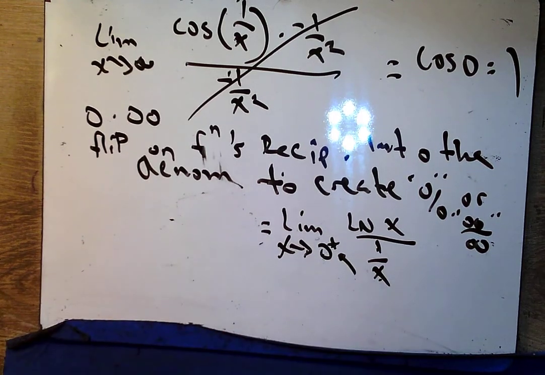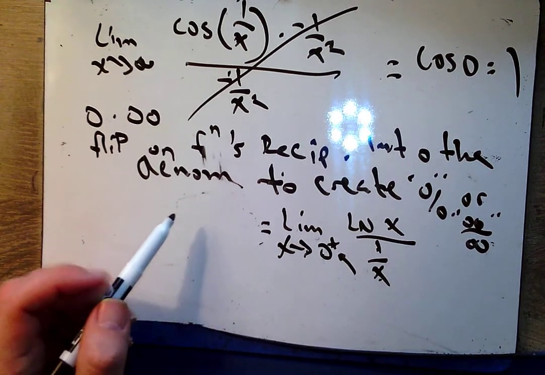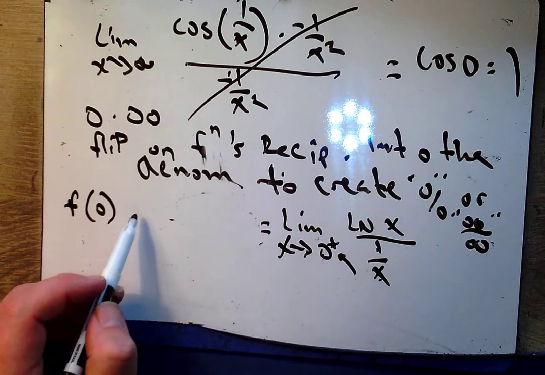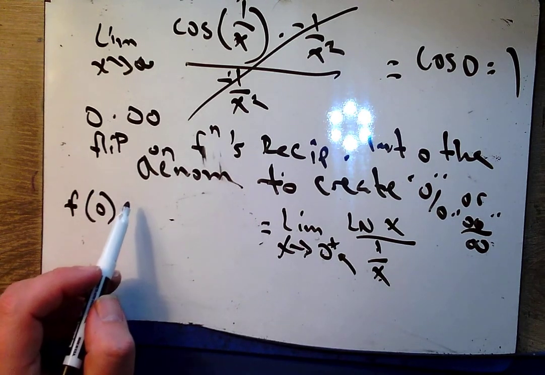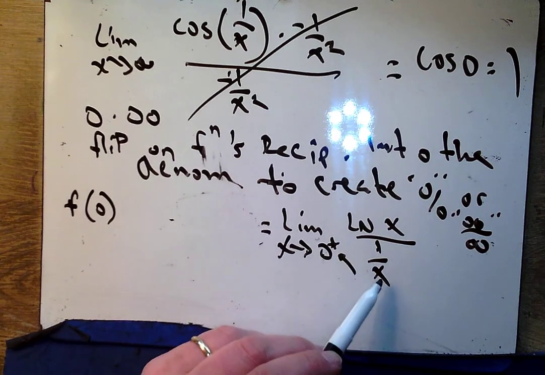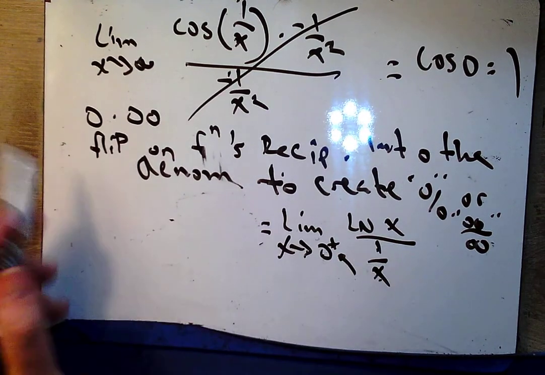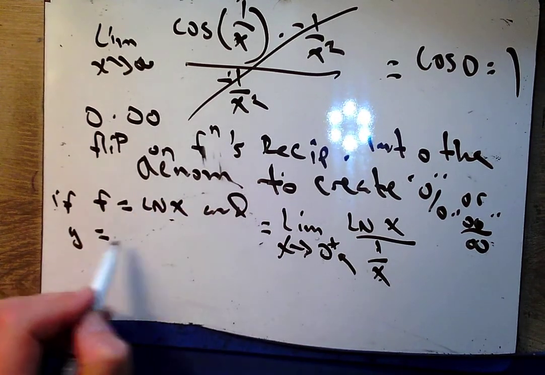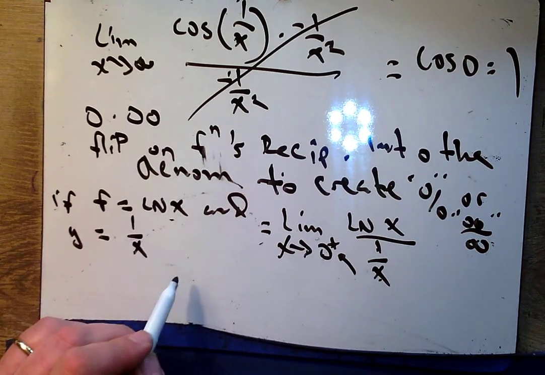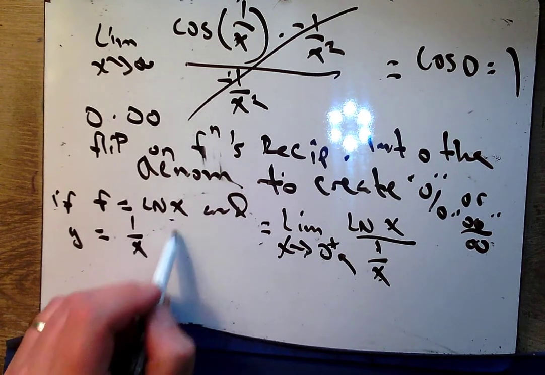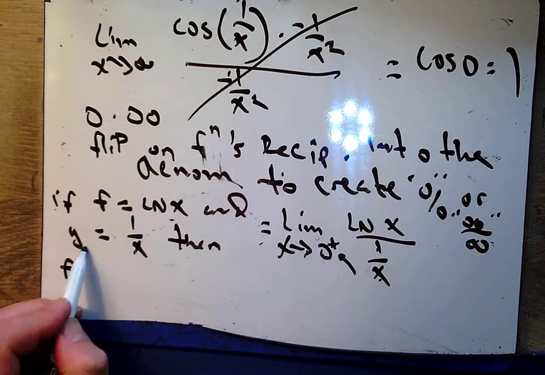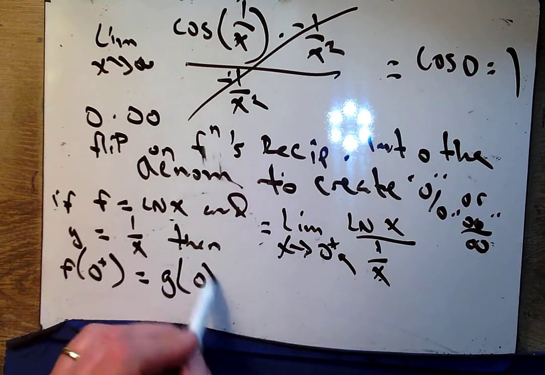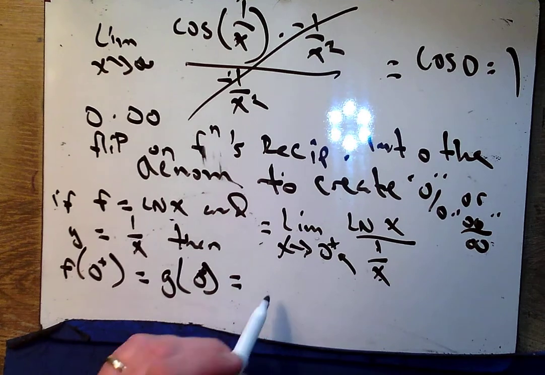Yeah, this is a little harder for me to feel like I can justify, because I know that if f equals ln of x and g equals 1 over x, f of 0 from the positive side equals g of 0 from the positive side equals what?